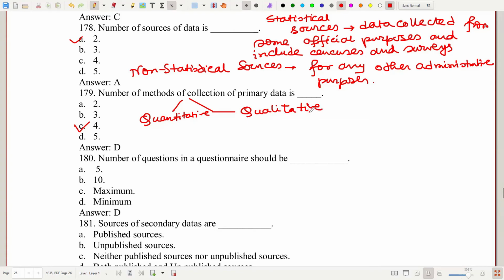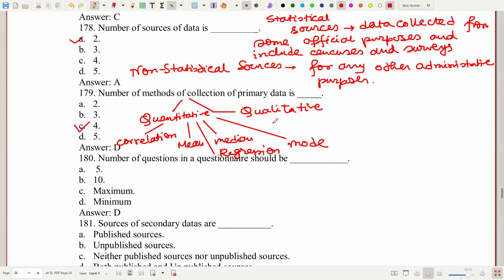For quantitative, there may be correlation, mean, median, mode, and regression.